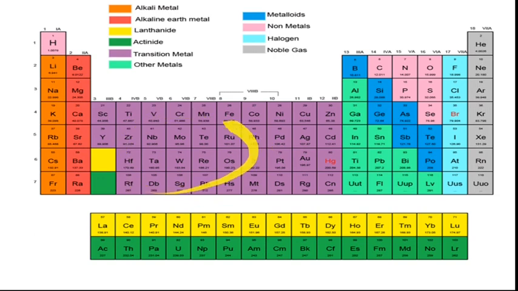This is another block of elements, and so if we count the columns in total, counting this off, we have 8 columns, and we call them groups. 3, 4, 5, 6, 7, 8. But if you want to count these as individual columns, you have 18 in total because there are 10 columns in between this block here.